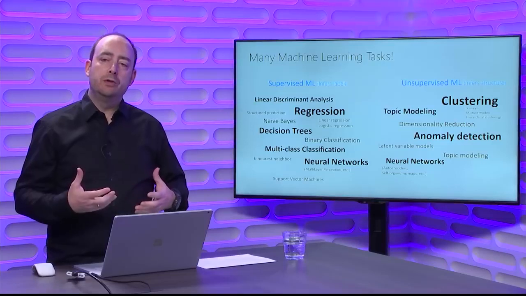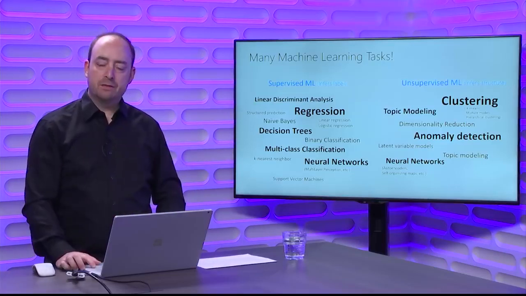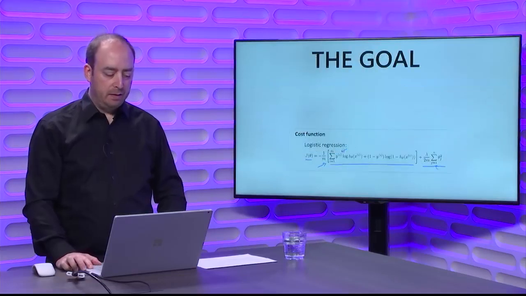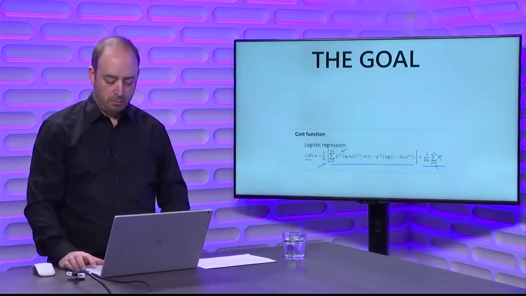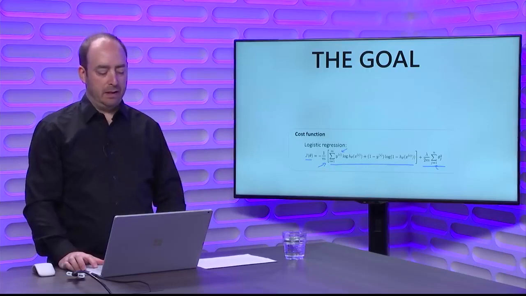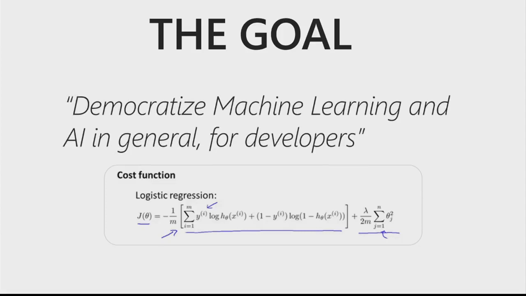What we want to do with Microsoft development technologies is to simplify this from a development perspective. Instead of having to learn the low-level details about machine learning, even those formulas for logistic regression or whatever, we just want to democratize AI so it is easy to use for developers in general.